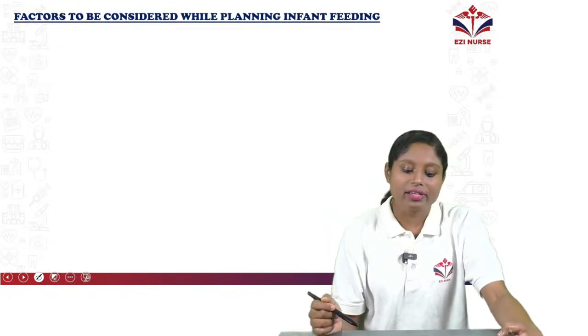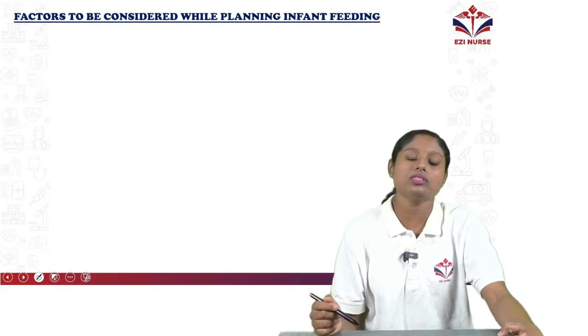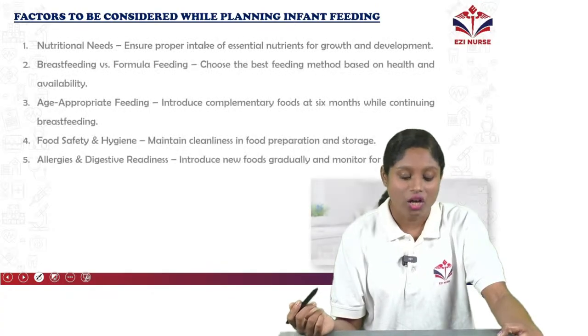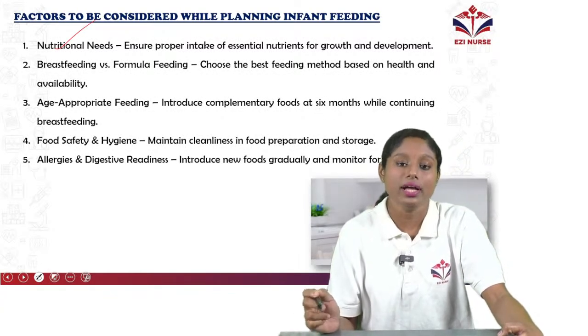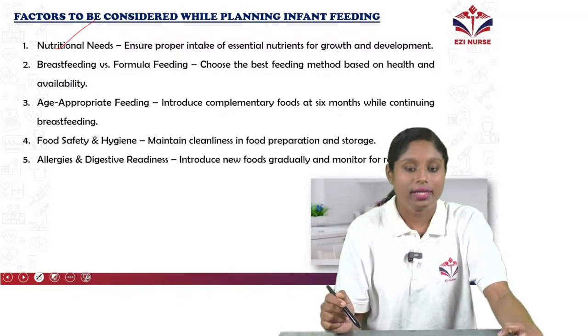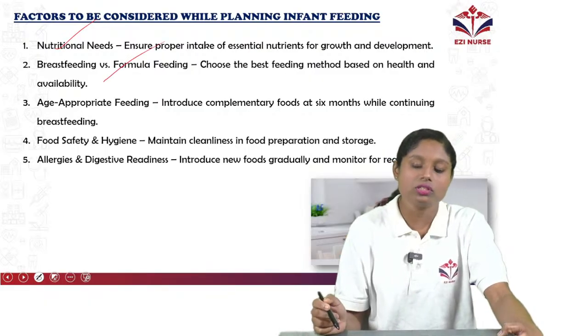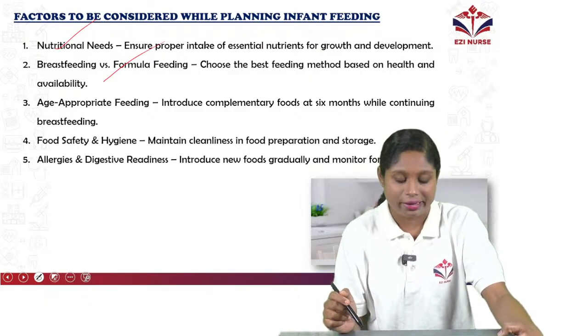Coming to the factors to be considered while planning infant feeding. What are the things we need to consider while planning infant feeding? Nutritional needs: it should be based on the needs of the baby, ensuring proper intake of essential nutrients for growth and development. Breastfeeding versus formula feeding: choose the best feeding method based on health and availability.